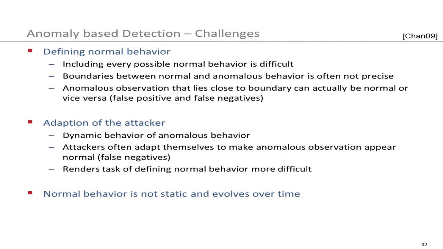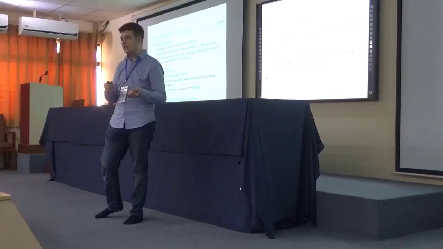In the end, this also requires that the attacker acts the same way every time. Because if the attacker is detected once, he has to be dynamic to evade the next time, and often attackers do that themselves anyway.